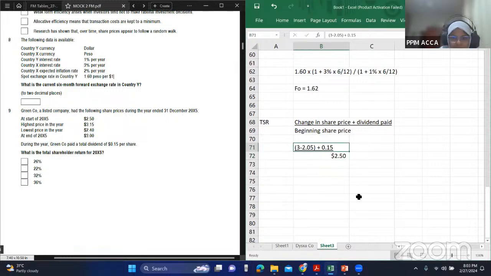So 3 minus 2.5 plus 0.15 divided by 2.5. That should give you the total shareholder return as 26%. You can take it as a percentage. So the answer there will be A.